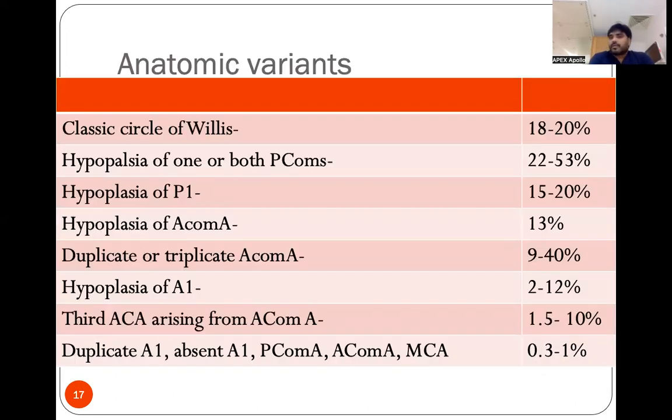Now, all people will not have classical anatomy, so there are some anatomic variants. 20 to 80% of people will have hypoplasia of one or both PCOMs. 20 to 50% of people will have hypoplasia of P1. 13% will have hypoplasia of ACOM. 9 to 40% of people will have duplicate or triplicate ACOM.